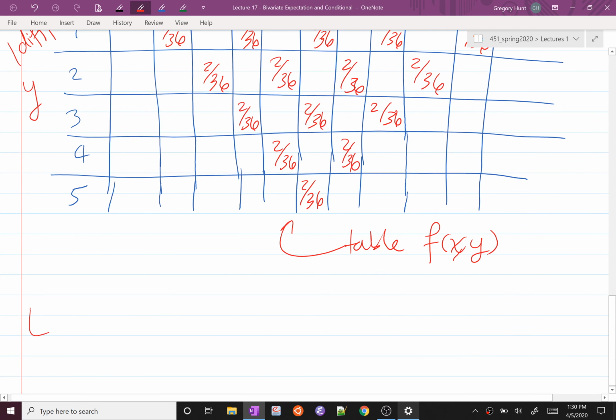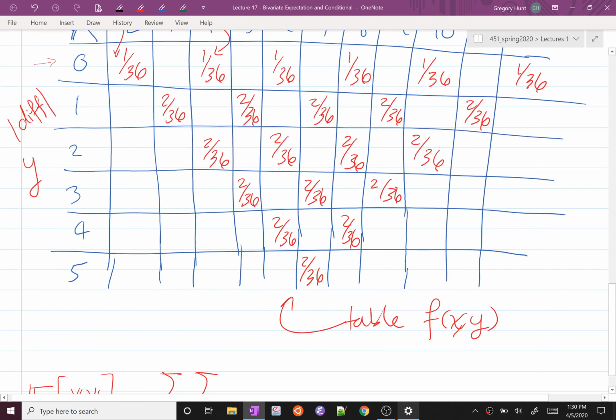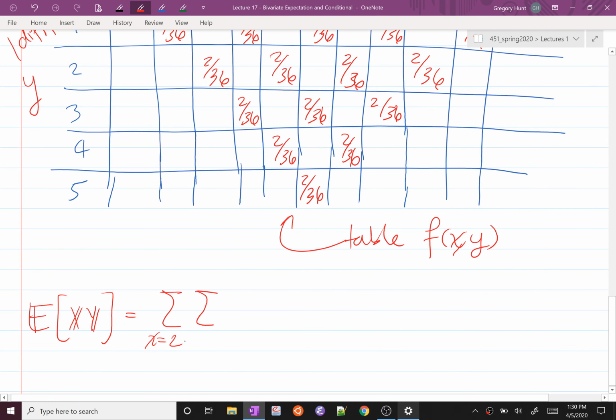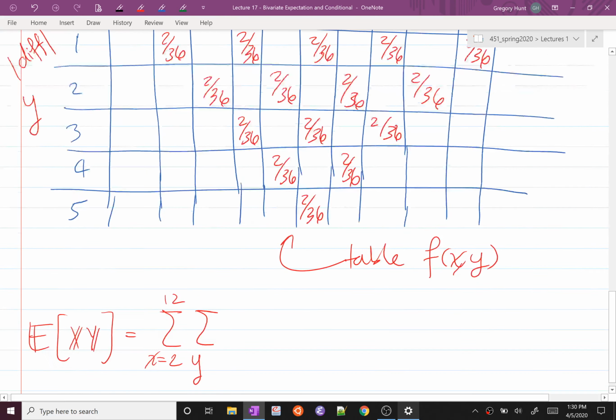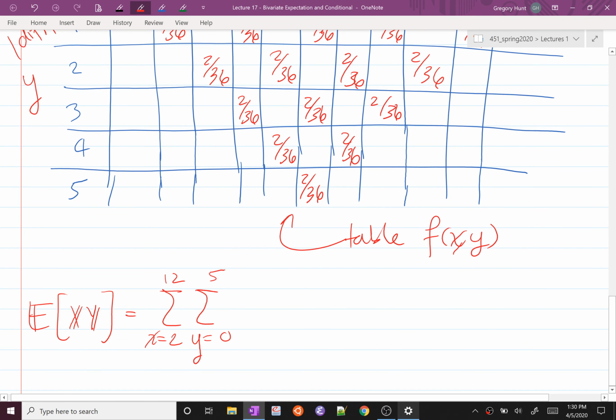If we want, we can look at, say, the expected value of x times y, the product of x, y. This will be the double sum. x goes from, what can we sum? We can sum all the way from 2 to 12. And y could possibly go from 0 to 5.